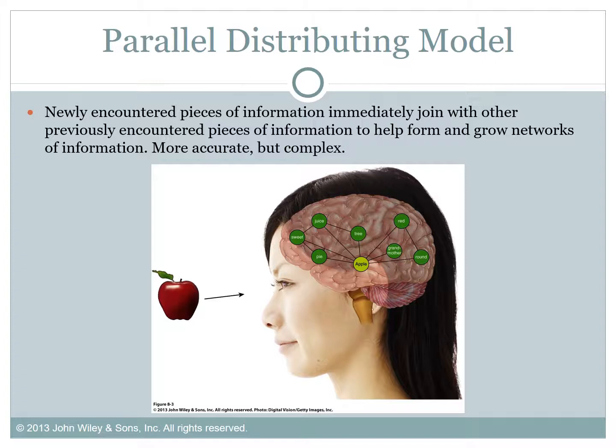So keep in mind that this parallel distribution model is the model that's more accurate to how the human mind works, even though we do tend to use the information processing model as an easier way to explain memory.